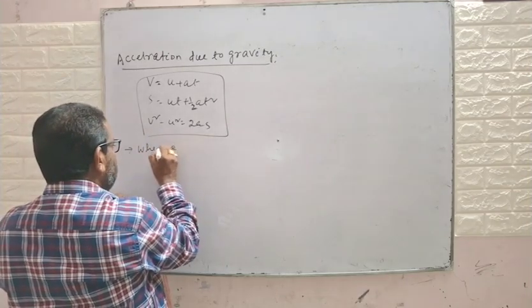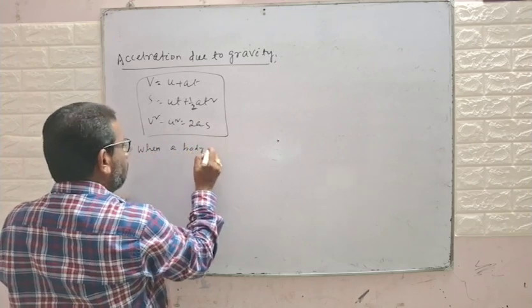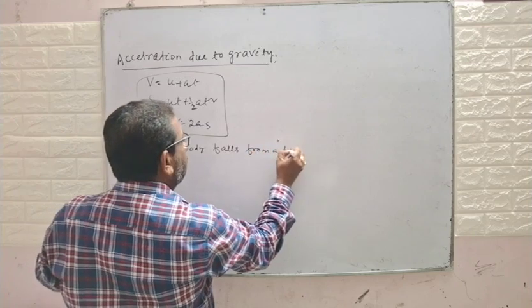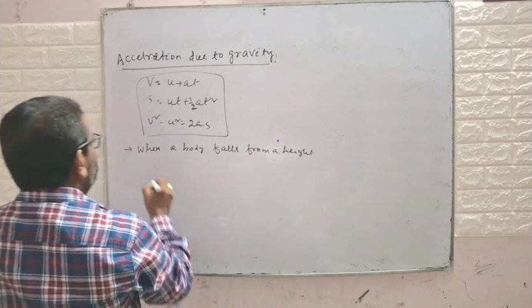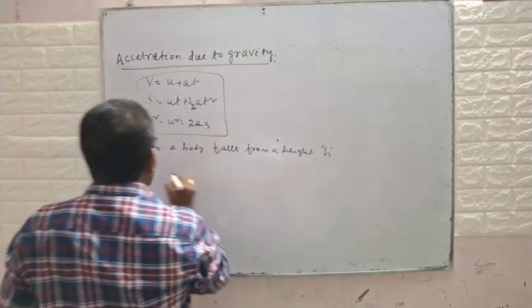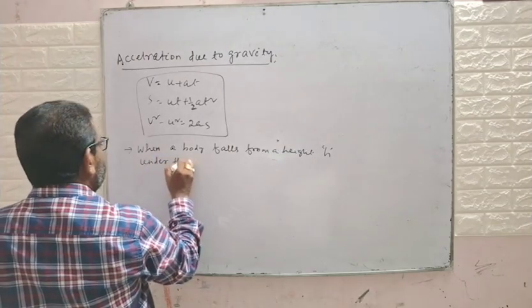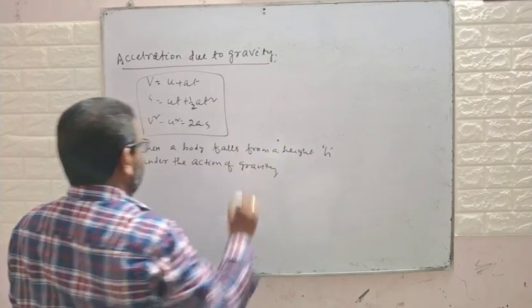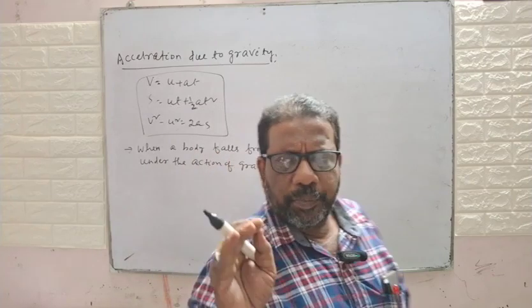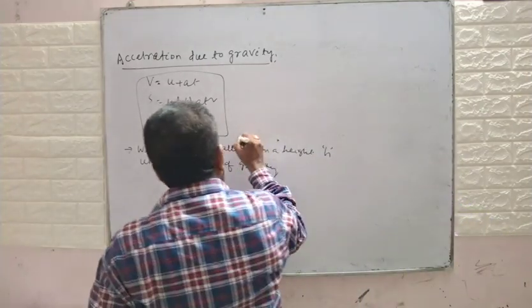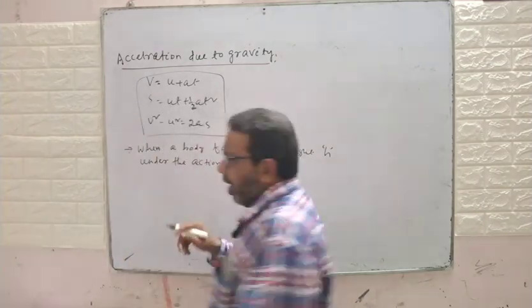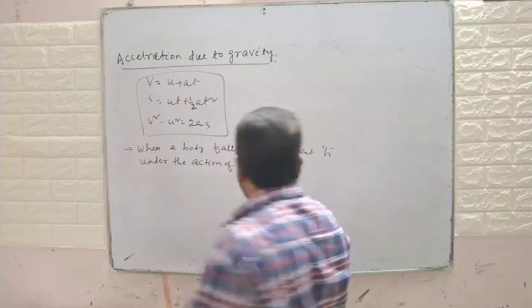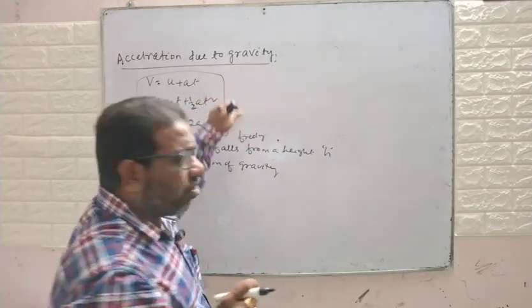When a body falls freely from a height under the action of gravity, then in this case what will be the initial velocity?